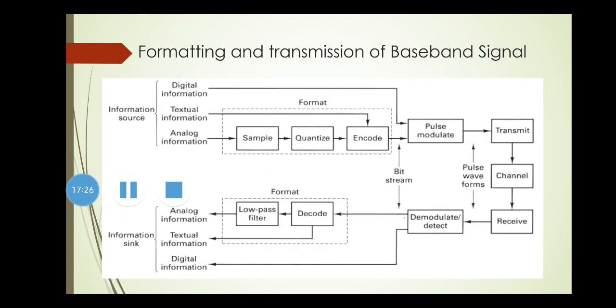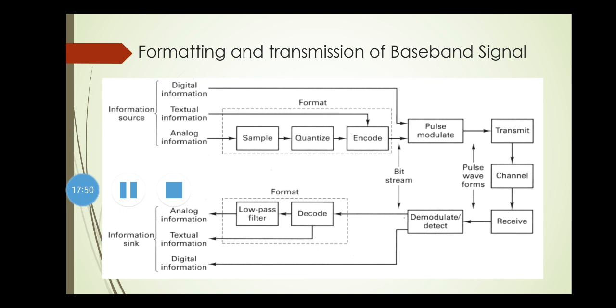Coming to the formatting and transmission of baseband signal, you can see it again has two sections: the transmitter section and the receiver section. In the transmitter section, the information source is represented in three forms: digital information, textual information, and analog information.